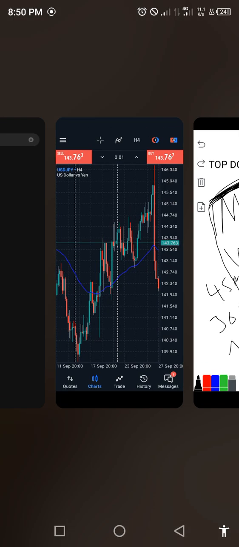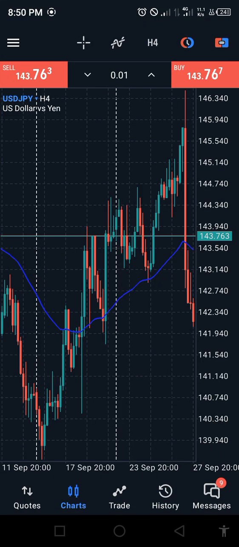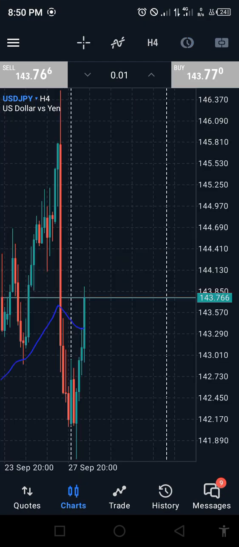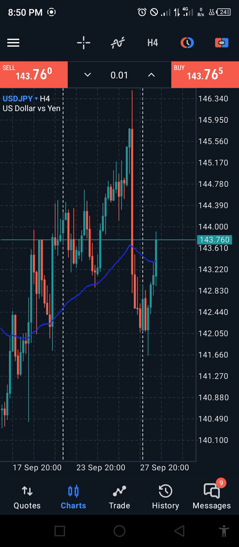Okay, now let us take that into consideration. Now we are in the 4 hours. If we look at the time frames up there, there's 1 minute, 5 minutes, 15 minutes, 30 minutes, and 4 hours.